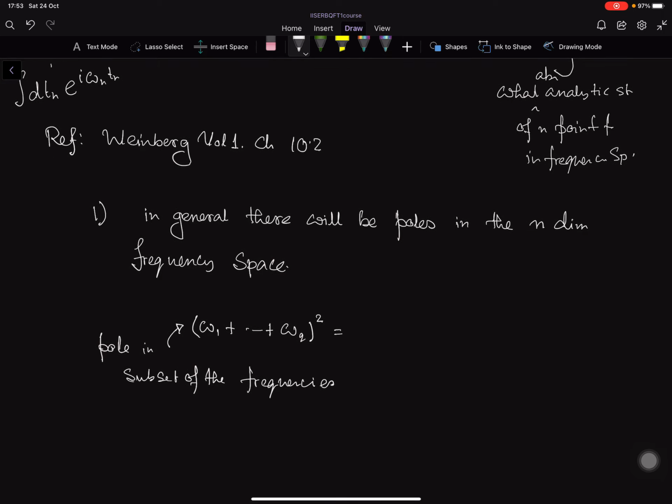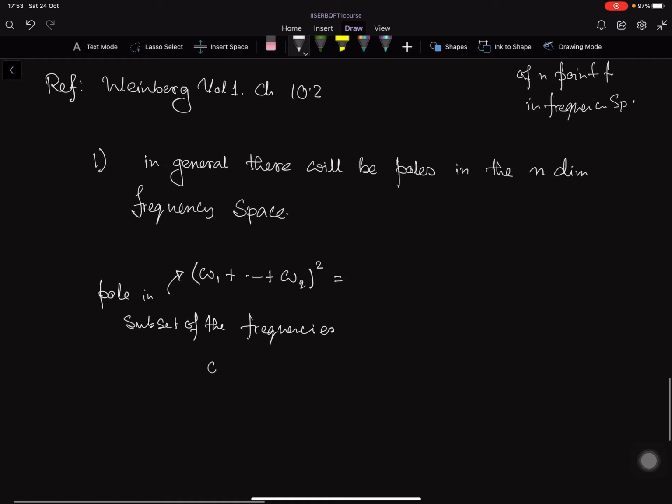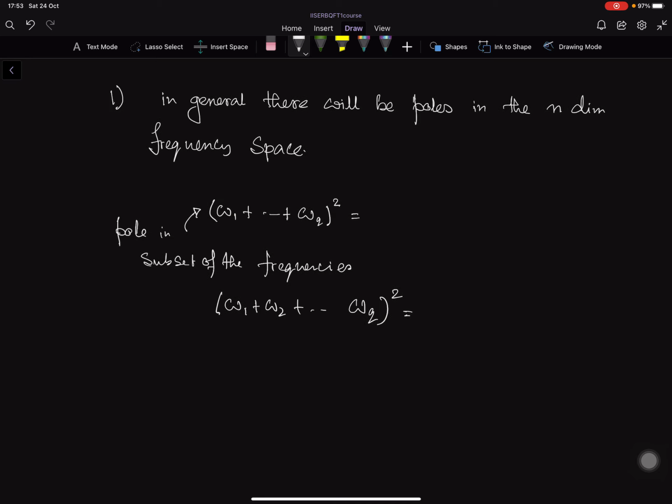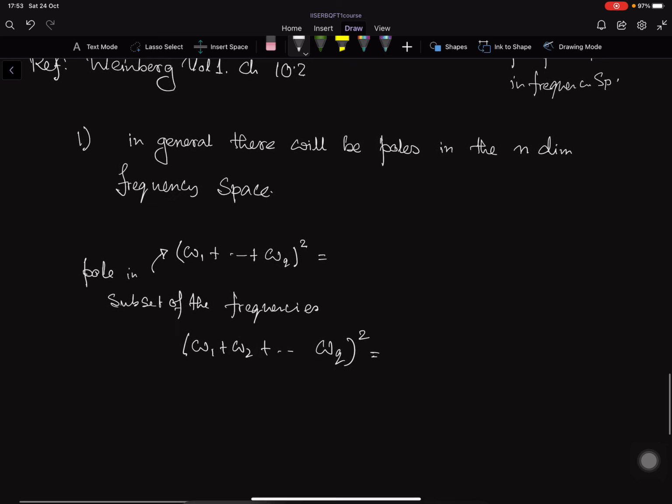Just to be precise, for example, let's say there is a pole in (omega 1 plus omega 2 plus ... omega q) squared. And then the pole will again be controlled by some En minus E0.